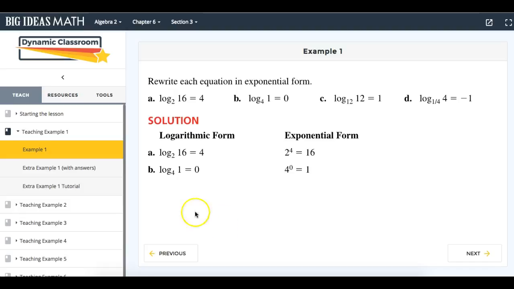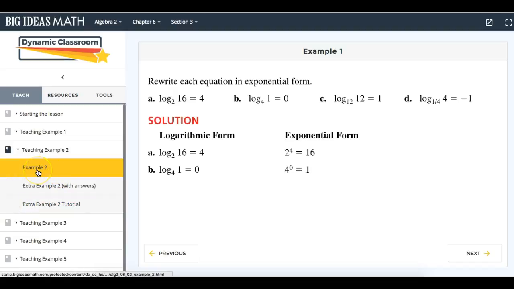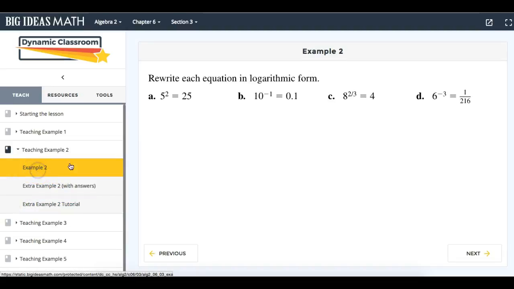All right, so now we're going to look at the next example, where we're going to look at some problems where we're given them in exponential form, and you have to rewrite these in log form. Now remember, I'm going to give you the equation again.